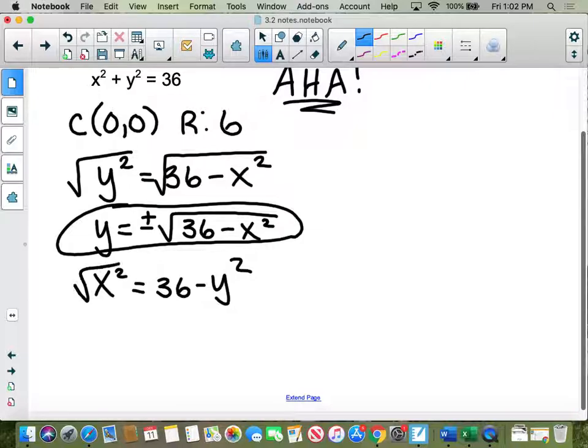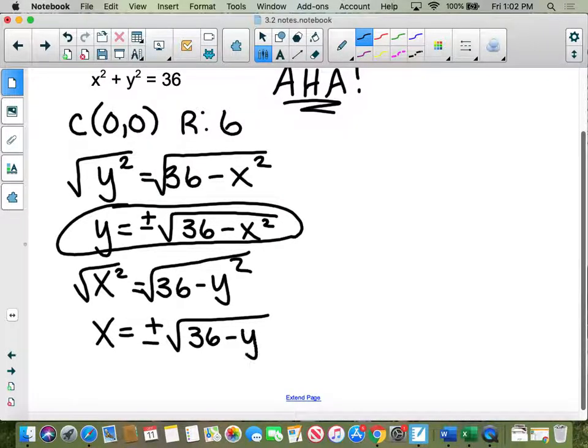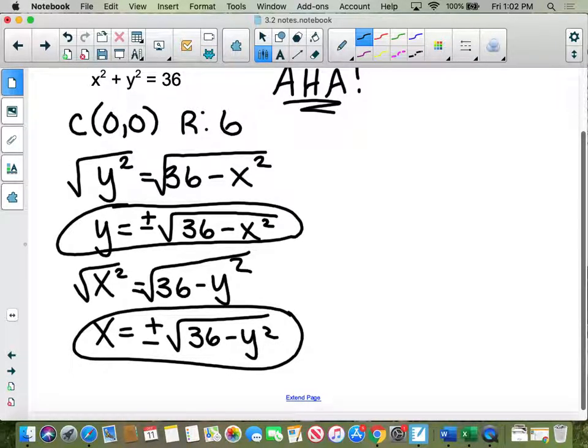Square root. You get x equals, don't forget your plus or minus, the square root of 36 minus y squared. How many formulas do we have sitting there? Really 4, right? Y equals a positive square root of 36 minus x squared, and y equals a negative square root of 36 minus x squared.